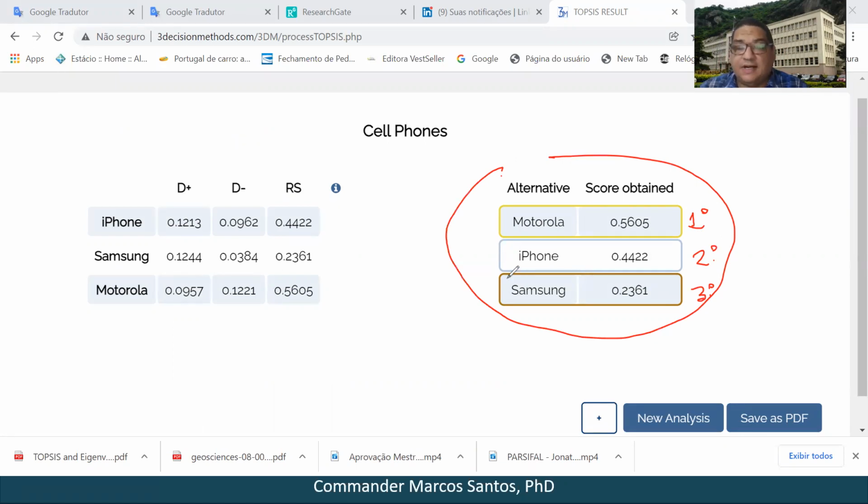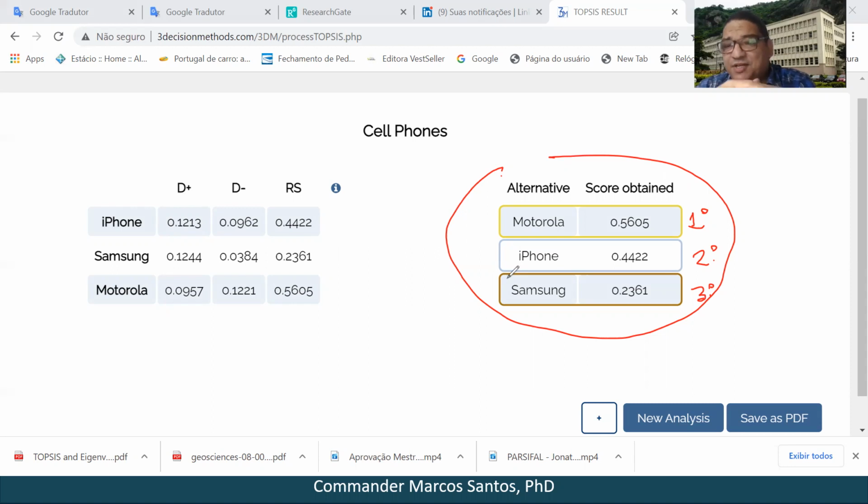So as you can see, I can use the TOPSIS method even if I don't know any equation or any mathematical expressions.